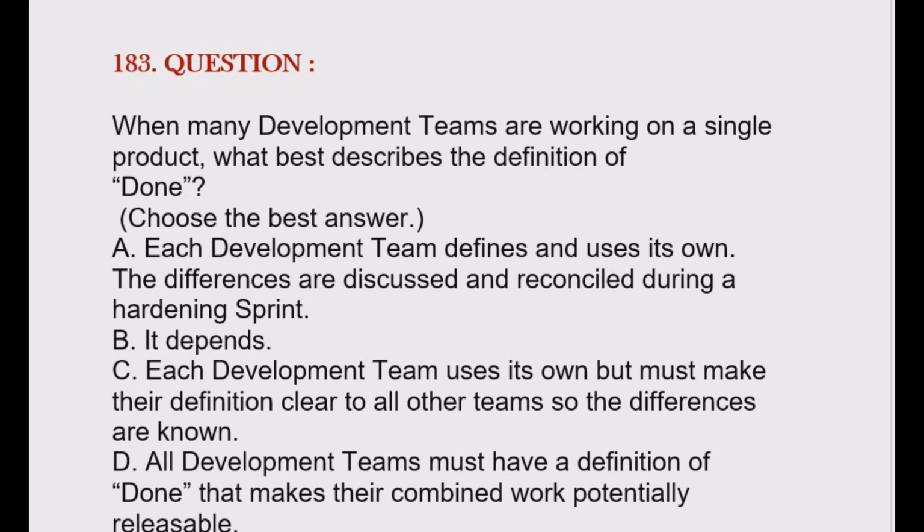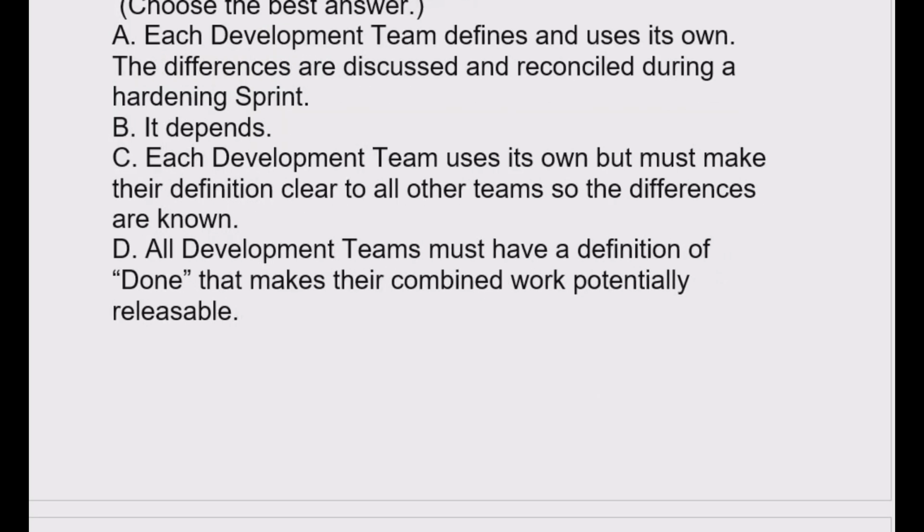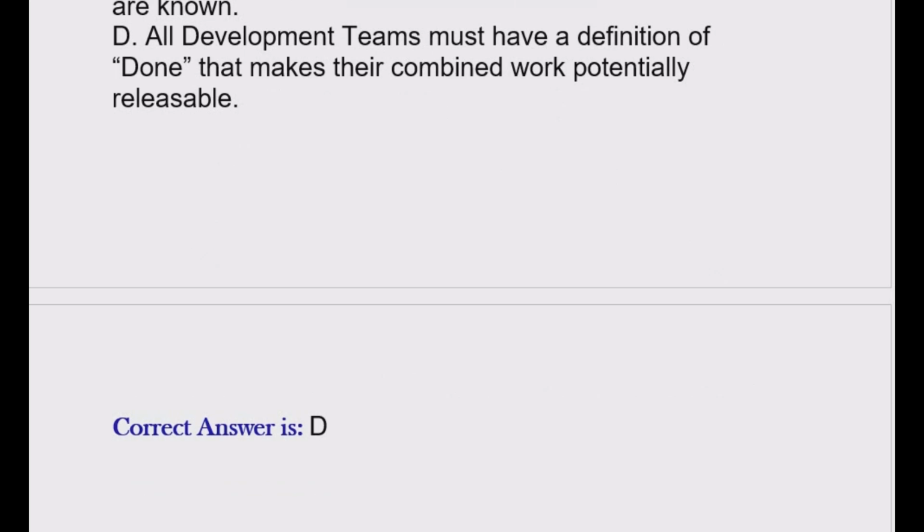Option B. It depends. Option C. Each development team uses its own and must make their definition clear to all other teams so the differences are known. Option D. All development teams must have a definition of done that makes their combined work potentially releasable. Correct answer is option D.